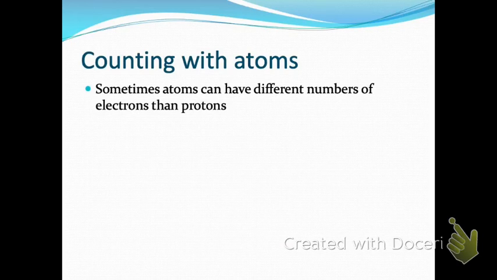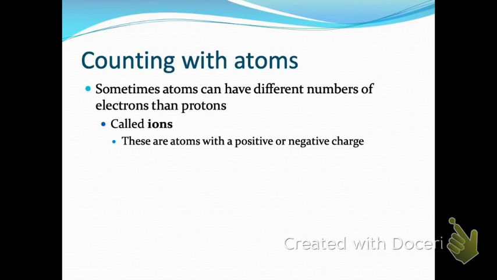So these atoms that have different numbers of protons and electrons are called ions. They're called ions. Have you heard that term before? Ions is any type of atom that has a positive or a negative charge. Okay? Any type of atom that has a charge is called an ion.